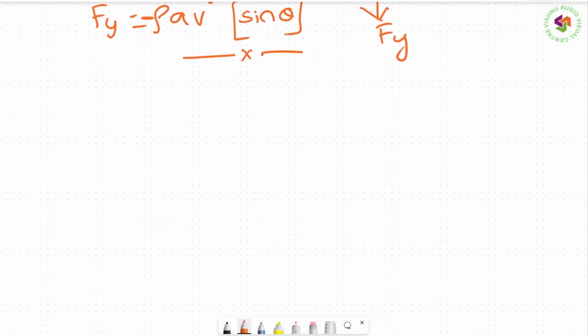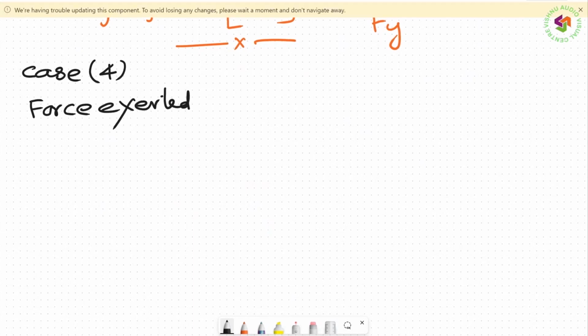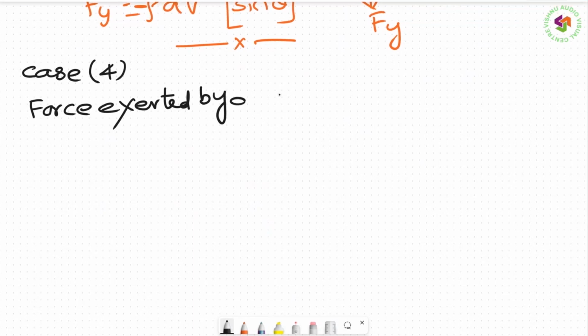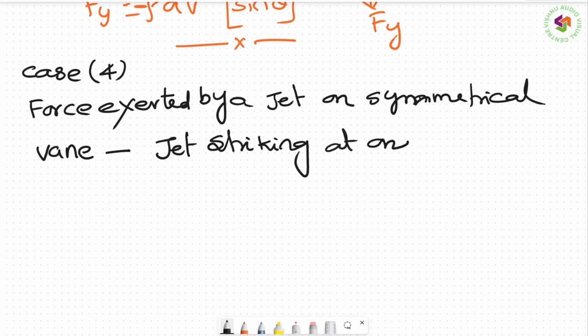Now let us go to case 4. What is case 4? Force exerted by a jet on a symmetrical vane, jet striking at one end.